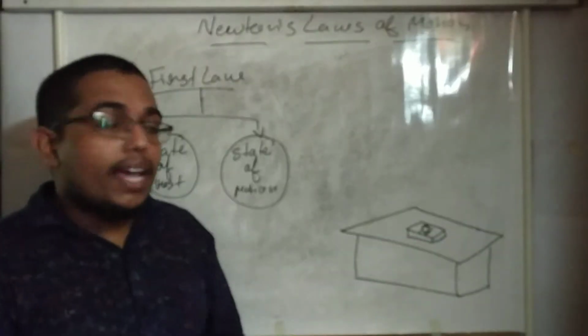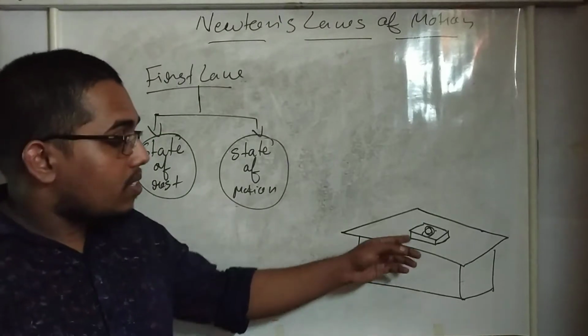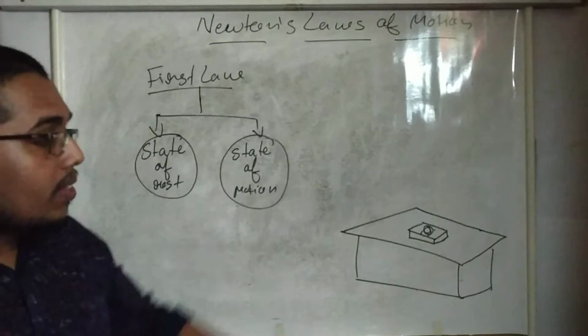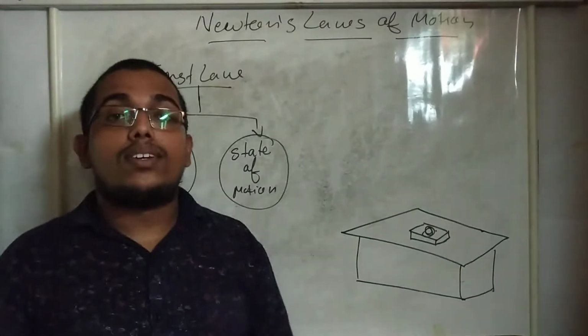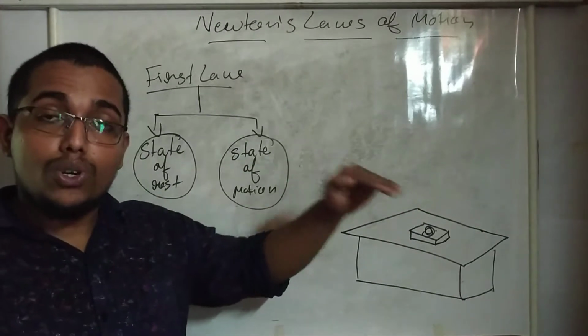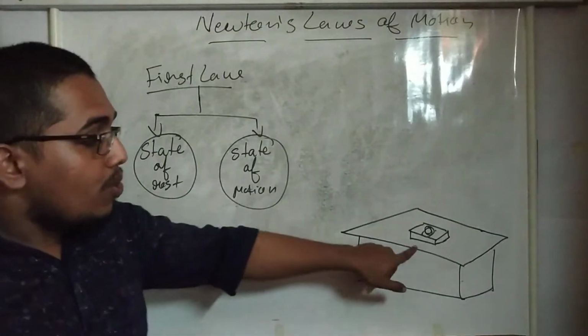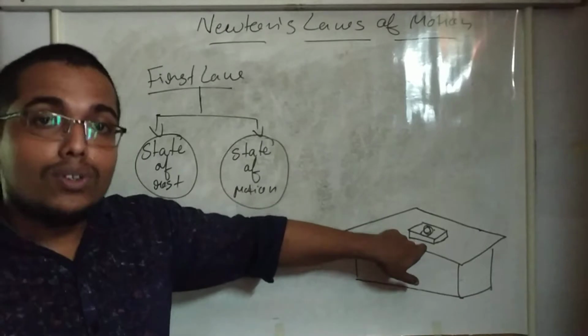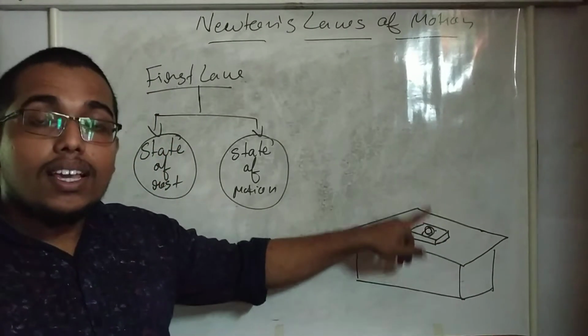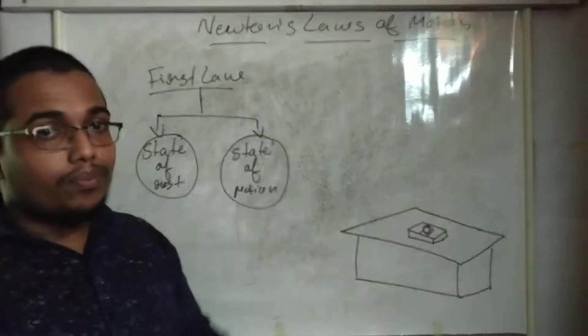Here we know that this book is already on the table, that is, under the state of rest condition. What do you mean by the state of rest condition? State of rest means stationary, there is no movement. So we can say that this particular notebook is under the state of rest.